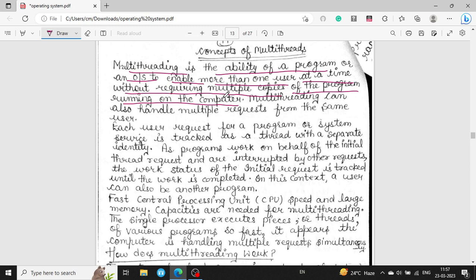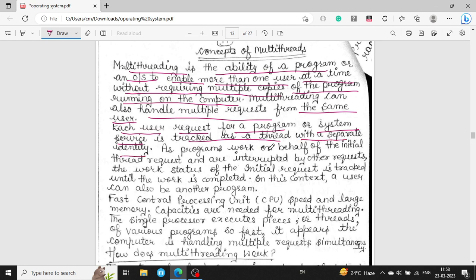And multi-threading can also handle multiple requests from the same user. Each user request for a program or a system service is tracked as a thread with a separate identity.